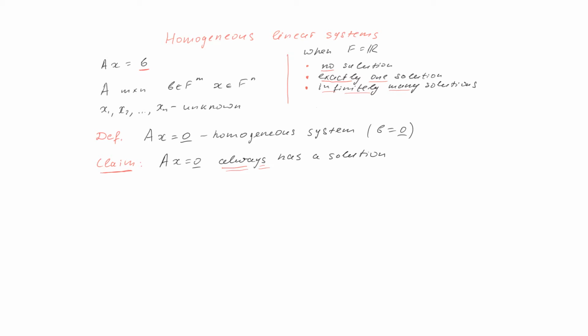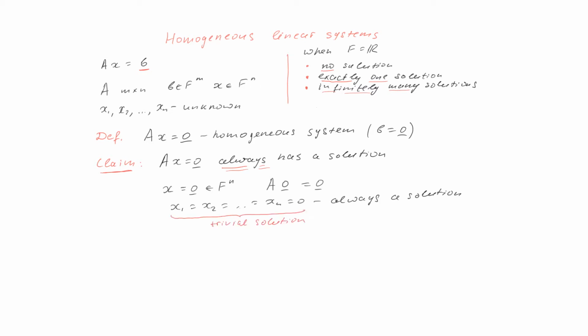This claim is of course correct because if we take x to be a 0 vector in Fn, then we will have A times 0 is 0. In other words, the solution x1, x2, etc., xn equal to 0 is always a solution of a homogeneous system.